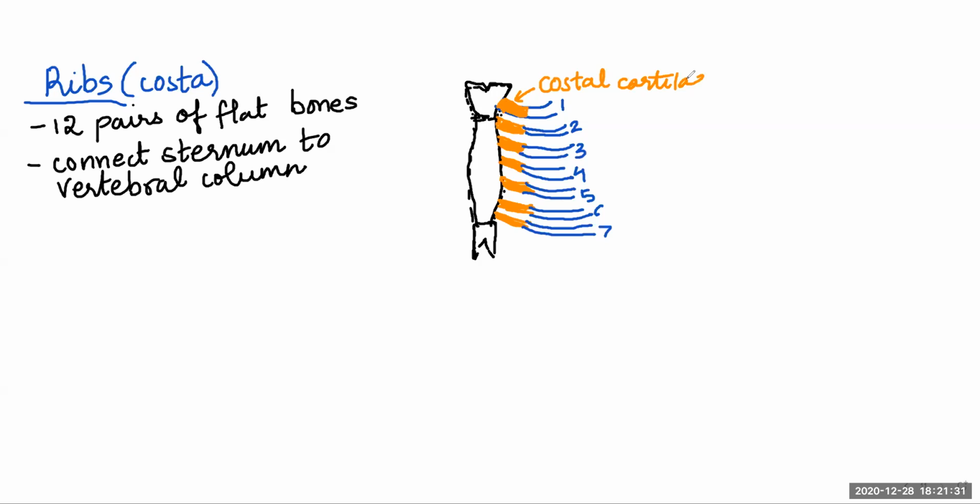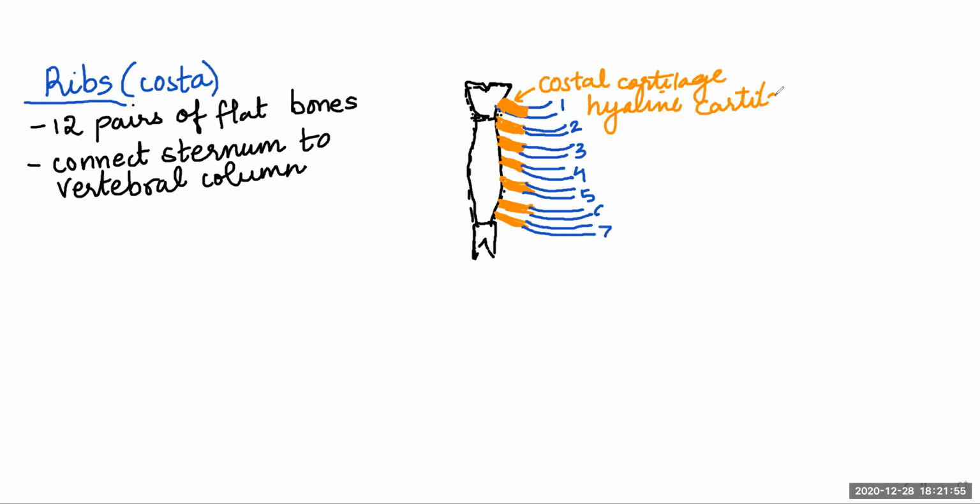Can you tell me what type of cartilage is costal cartilage? Is it a hyaline cartilage, elastic cartilage? What is it? Or white fibrocartilage? Shreya Devangi, correct? It's a type of hyaline cartilage.